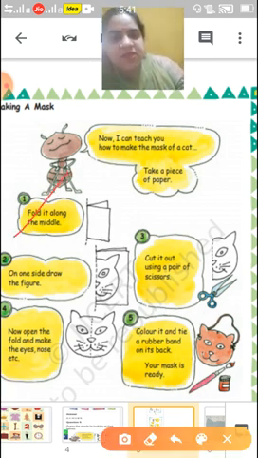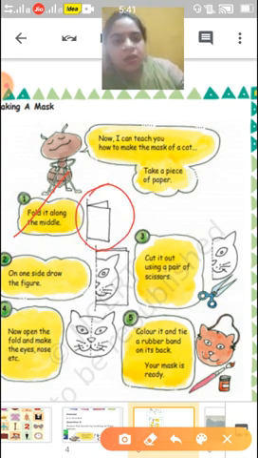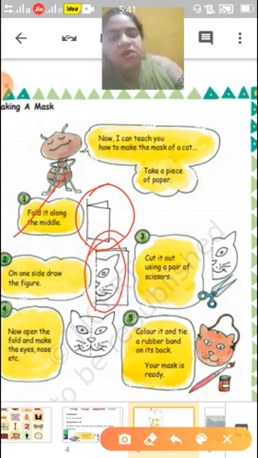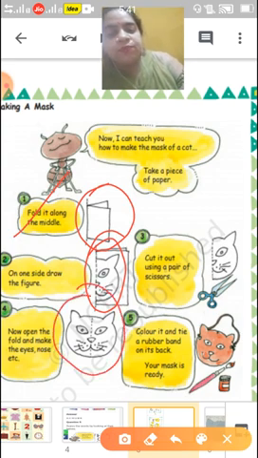First, you take a piece of paper and fold it along. Now on one side draw the figure. Now open the fold and make the eyes. Now you open that paper. Now you make eyes and half a nose like this.